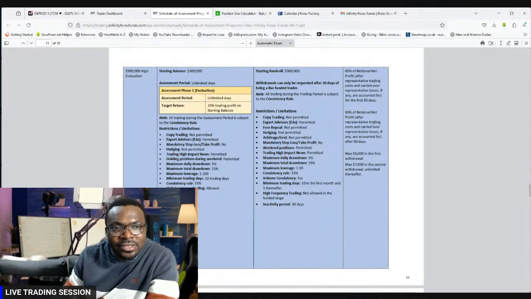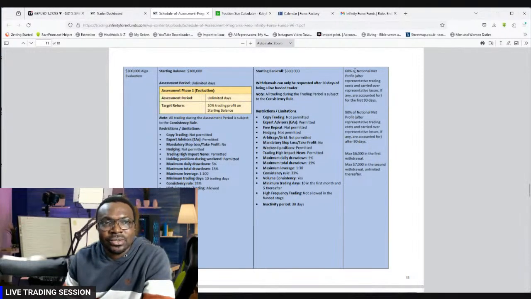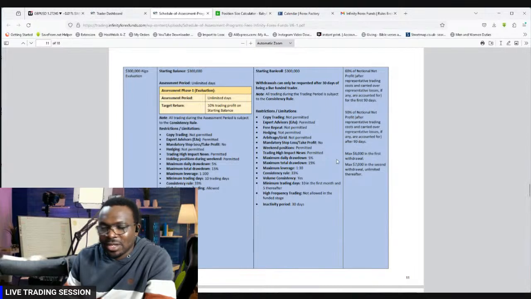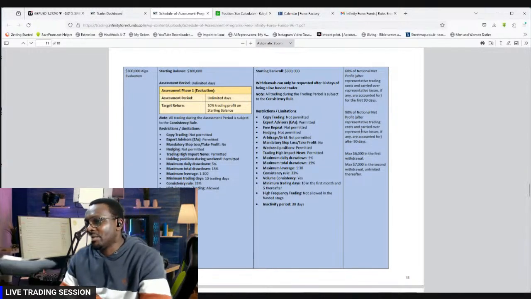It says after representative trading cost and carried-over losses, if any, are accounted for after 90 days. So within three months, you receive 60%. After that, you are now receiving 90%, which is beautiful.